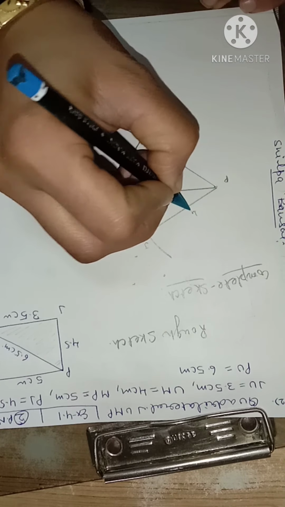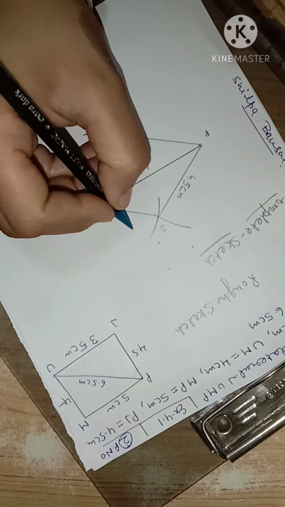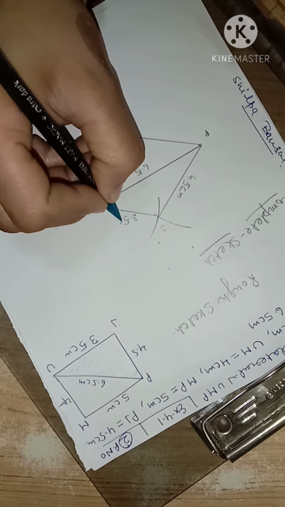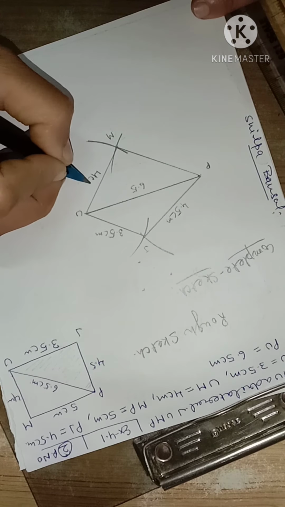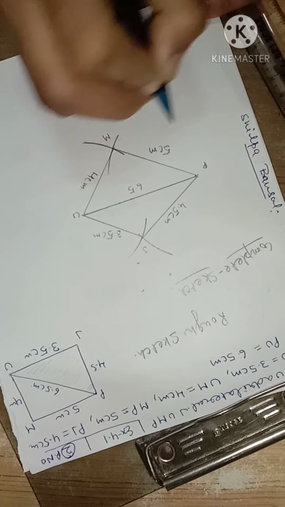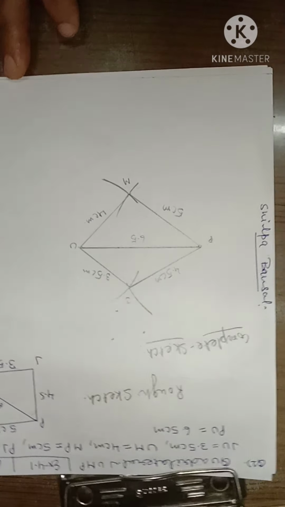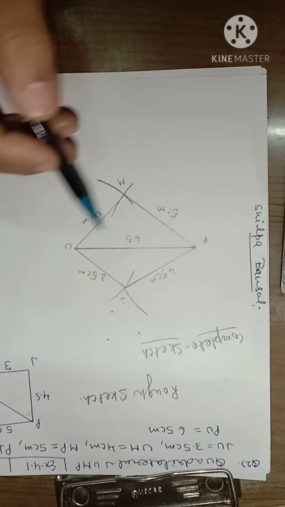PJ is 4.5 centimeters. Next is JU 3.5 centimeters. UM 4 centimeters. PM is 5 centimeters. Clear? You will get a quadrilateral JUMP. Hope you can understand it.